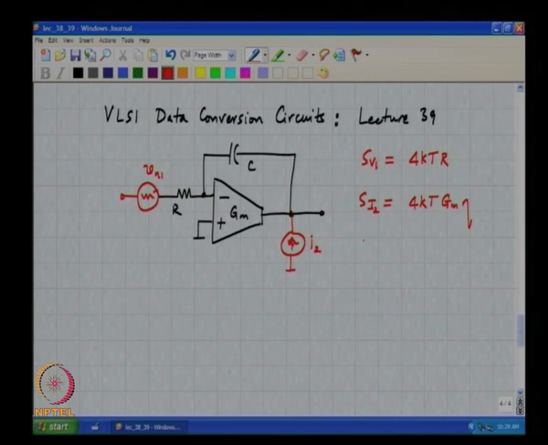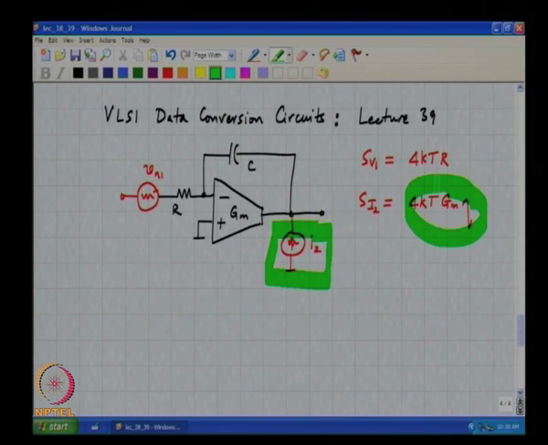It depends on the circuit details of the realization of the transconductor, but in principle the transconductor noise can be modeled by a current source of this form.